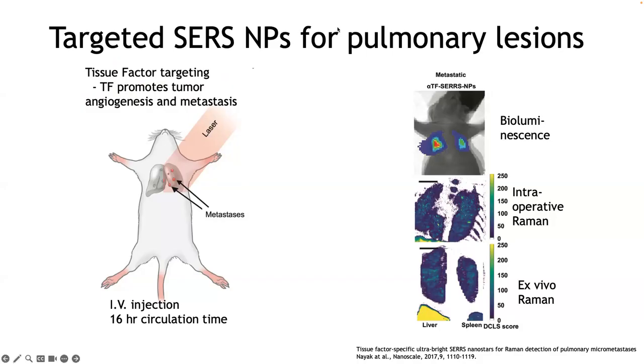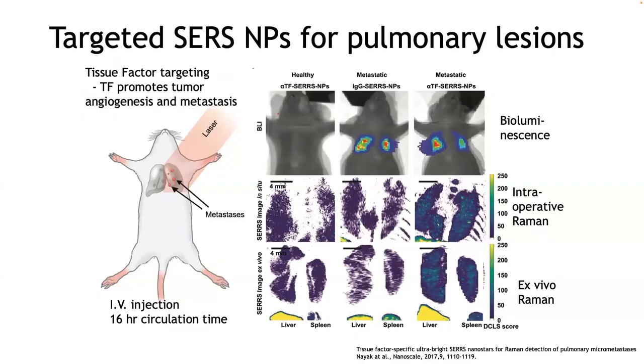And here we see that the bioluminescence comes from the cancer cells. The Raman map in the intraoperative setting and ex vivo matches this profile. Then we administered non-targeted nanoparticles. They didn't stick, and we administered targeted nanoparticles in healthy mice, and again, we got very low signals. So we see that molecular targeting works.